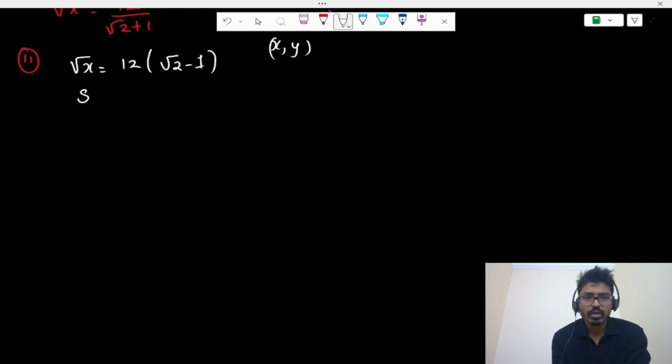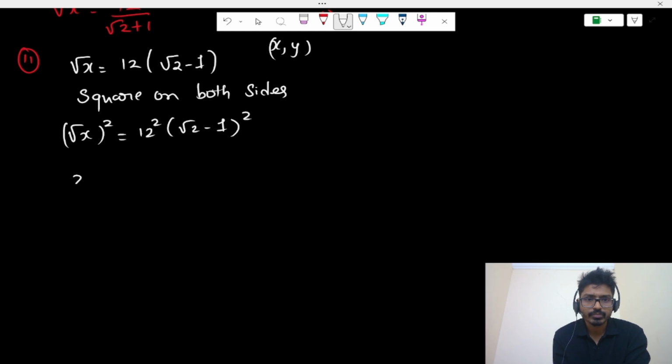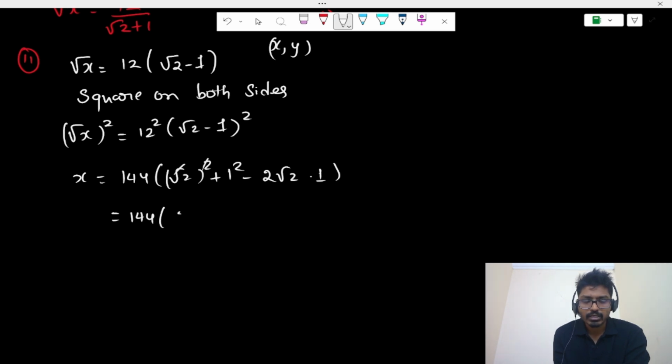To find the coordinate, I'm going to square on both sides. So squaring both sides, x is equivalent to 12 squared times (root 2 minus 1) whole squared. 12 squared is 144, and this I can write as root 2 whole squared plus 1 squared minus 2 root 2 times 1, which is in the form (a minus b) whole squared. Then the squares and square roots cancel: 2 plus 1 is 3, minus 2 root 2.